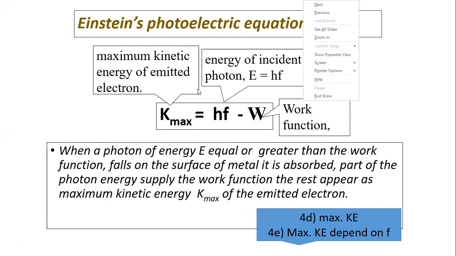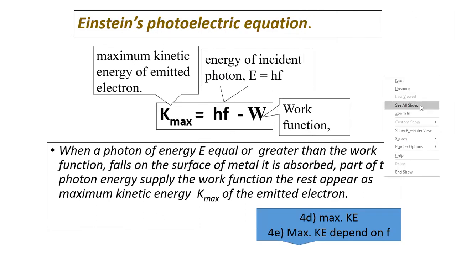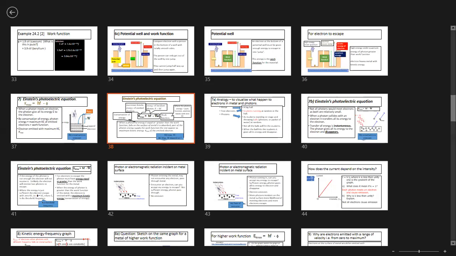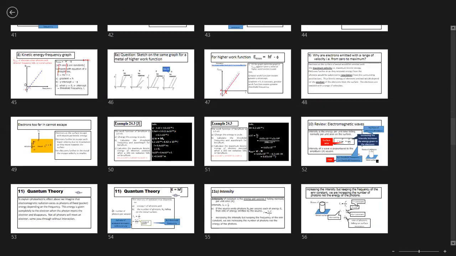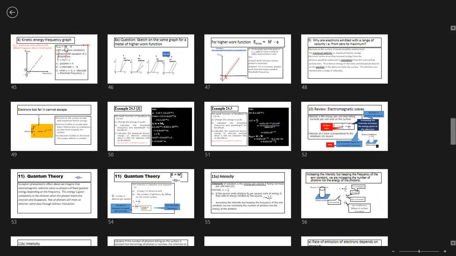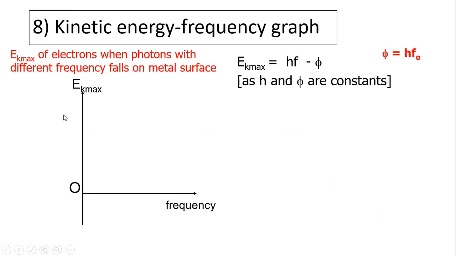Okay, so that essentially explains most of the observations. Then we look at the equation. Where we change the frequency of electromagnetic radiation falling on the metal, we can determine the maximum kinetic energy.